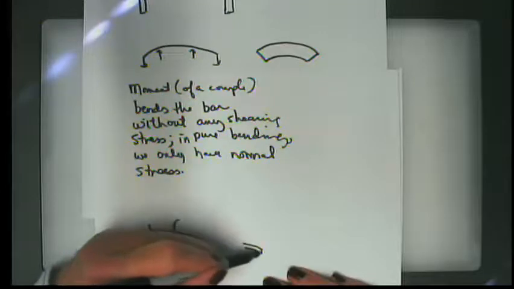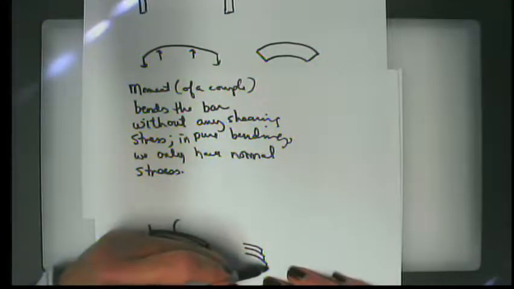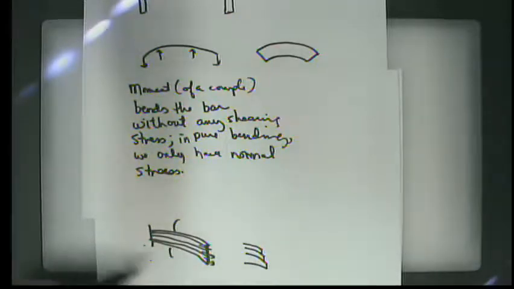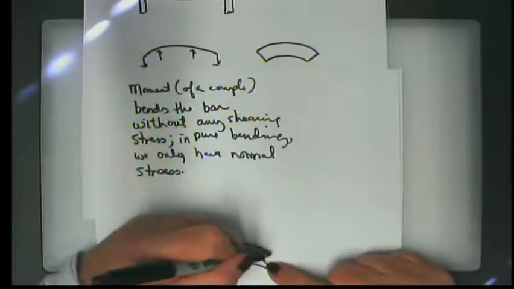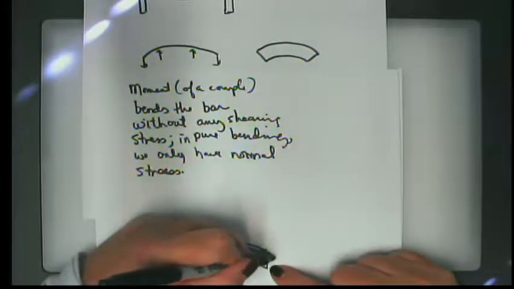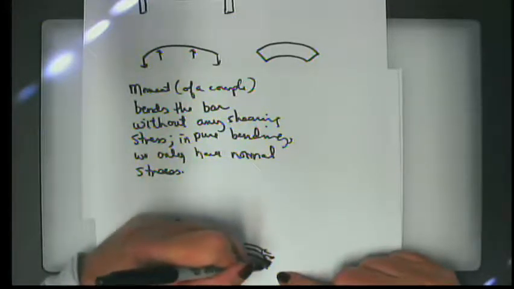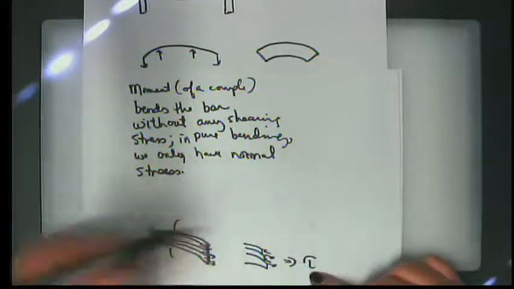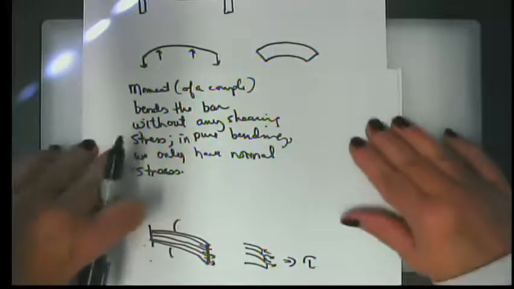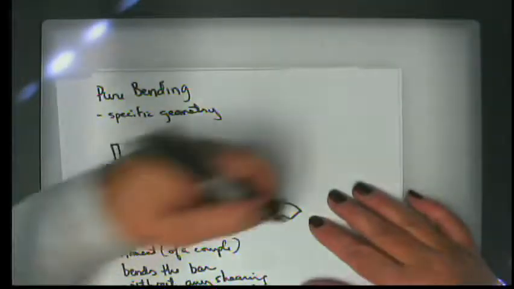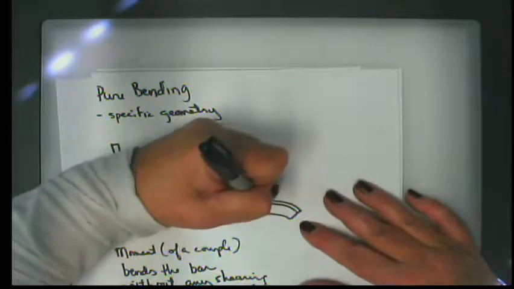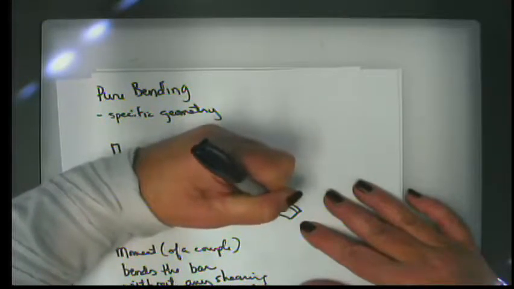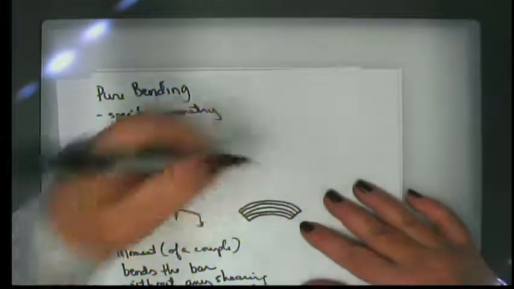If you think about this as being little layers, this is a gross exaggeration of the geometry, but this layer is pulling against this layer, and this layer is pulling against this one, and that creates a shearing stress. Whereas in pure bending, the layers are not pulling against each other. They are just stretching different amounts.